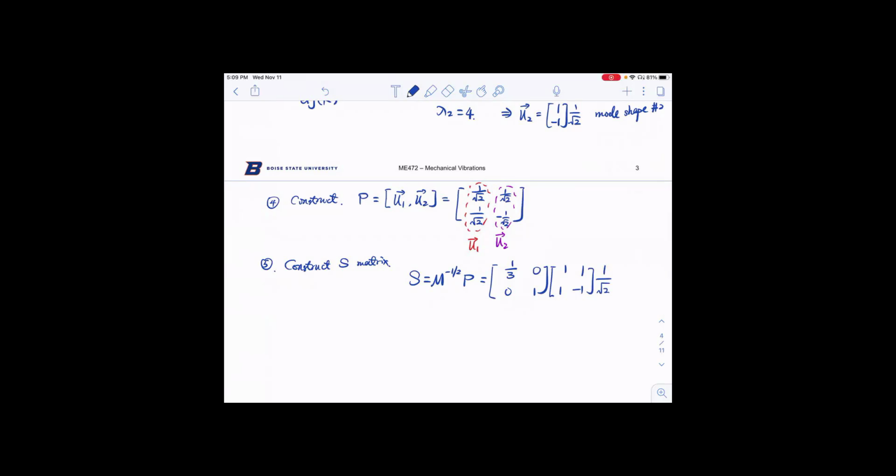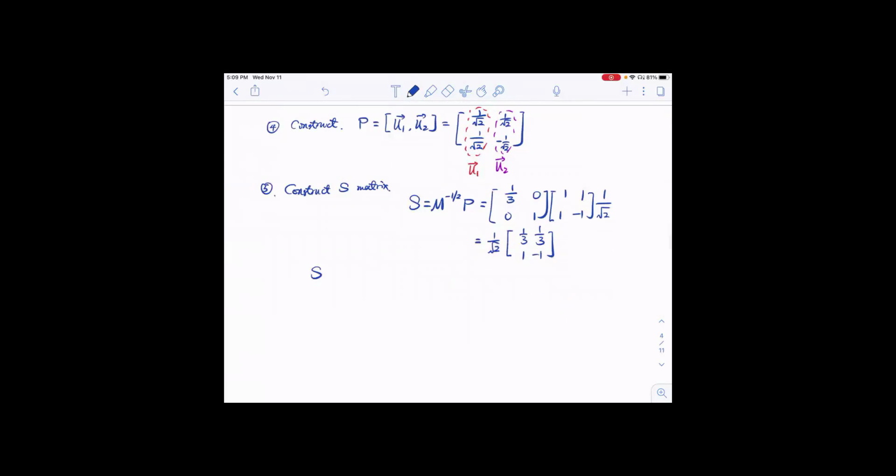Because 1 over square root of 2 is a constant, you can take it out. And then you can calculate your S matrix. This is a constant times [1/3, 1/3; 1, -1]. So that's your S matrix.